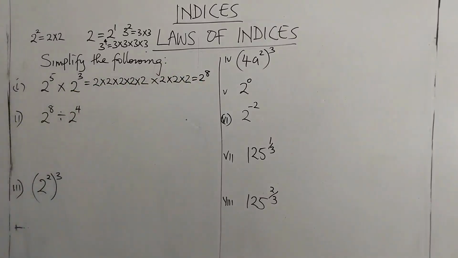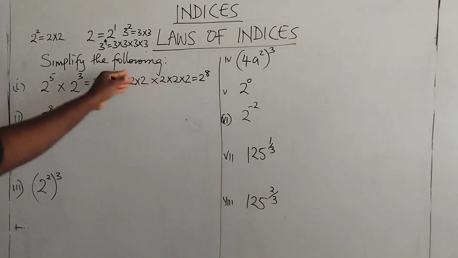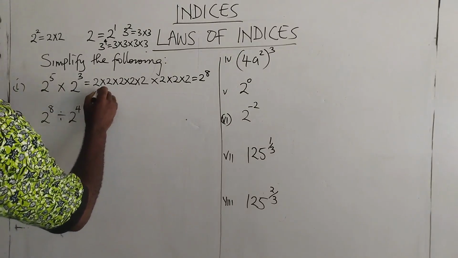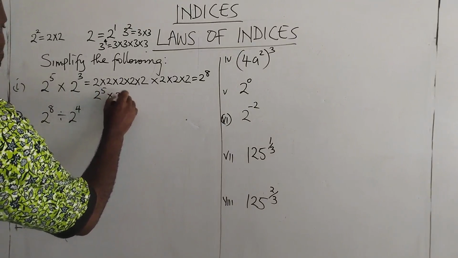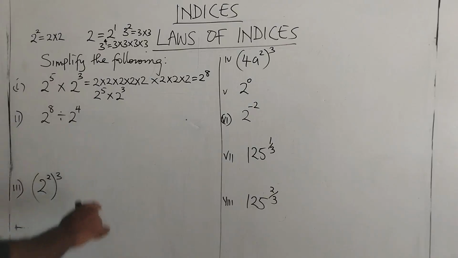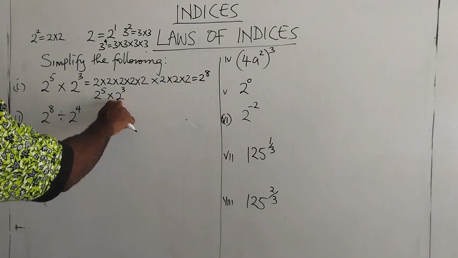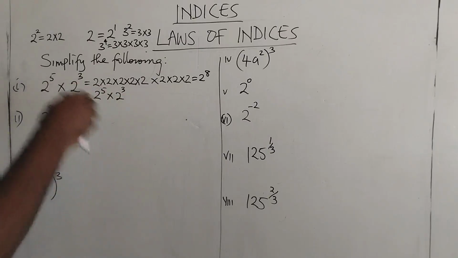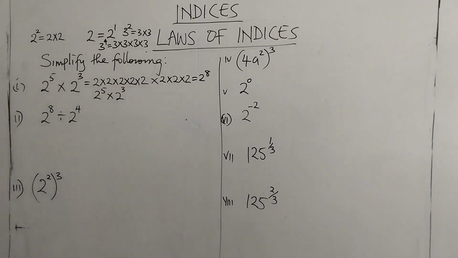Well, this is correct. But you can see it took us some time. The multiplication law tells us that instead of doing it this way, which might be lengthy, you can shorten it like this. 2 raised to power 5 times 2 raised to power 3. As long as the numbers multiplying themselves are the same, 2 and 2, the multiplication law says add their powers.